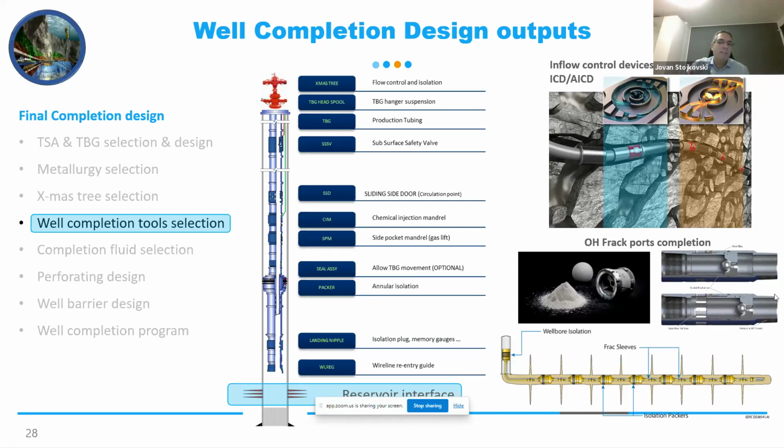Or we can put devices that, when we record the water breakthrough, we can go investigate where, and then we can basically close this production section.